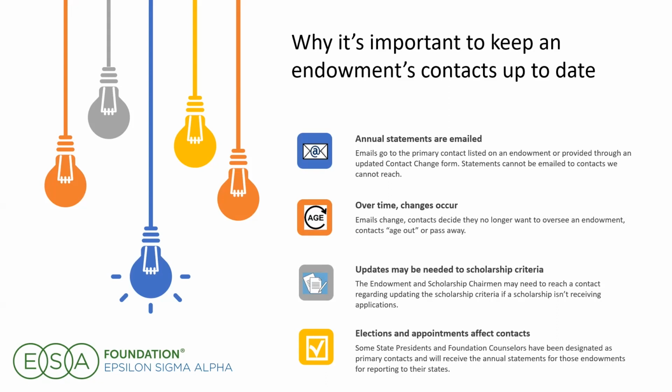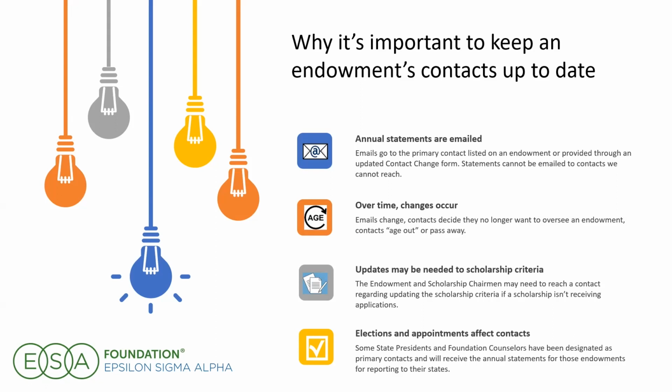We have contacts that age out. This year I've dealt with a few situations where I reached out to an endowment contact and was told, well, I'm in my mid 90s and really don't want to handle it anymore. Or we have contacts that pass away.